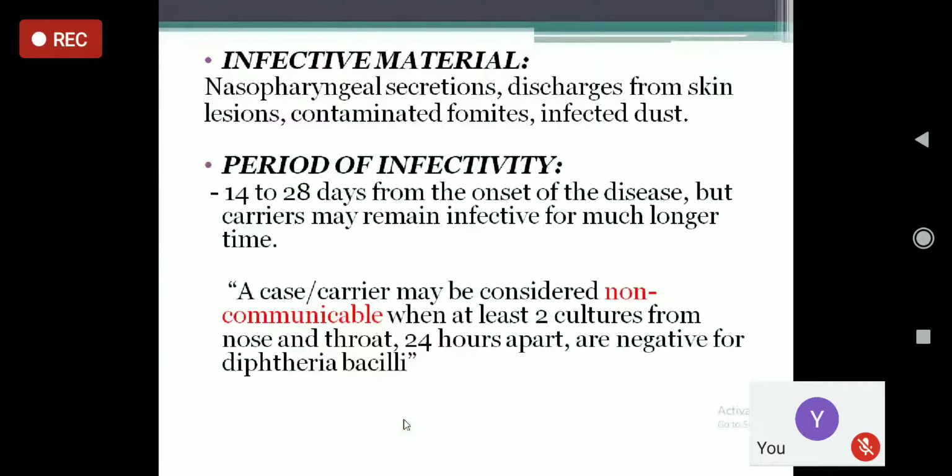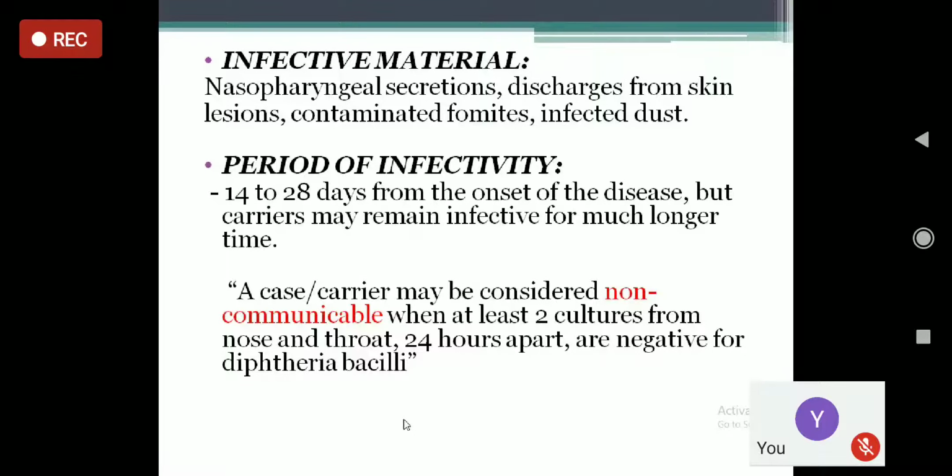What are the infective materials? These are the materials which, if you handle them without precaution, you can acquire the disease from. Nasopharyngeal secretions, sputum, secretions from the nose, and discharges from skin lesions. If diphtheria has affected the skin, the person develops cutaneous lesions, wounds in the skin, and those discharges are infective. Then contaminated fomites.